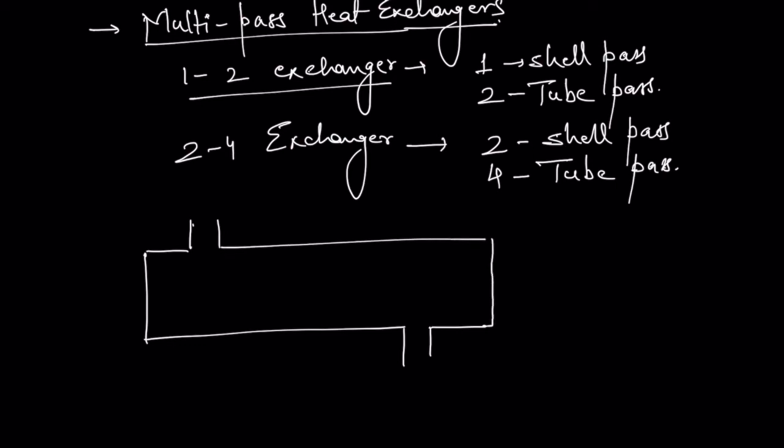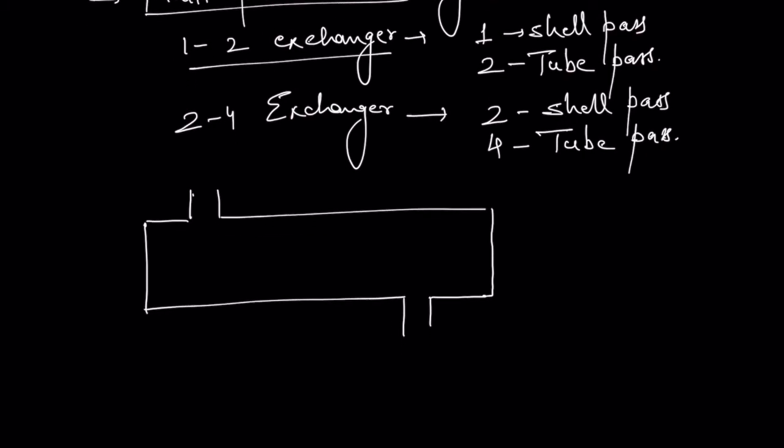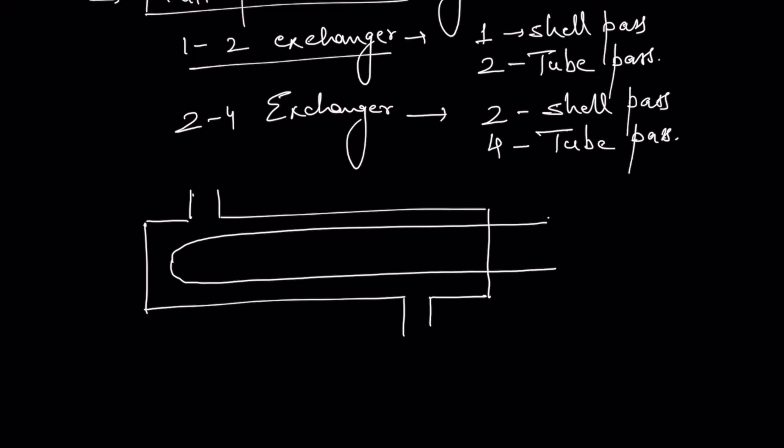This outer cover is the shell, and the tube is going something like this, I'm drawing a line diagram for the tube. So tube is making two passes. In this one shell, the tube is making two passes, one like this and the second pass like this. So there are two passes in the tube, and in the shell there is only one pass.